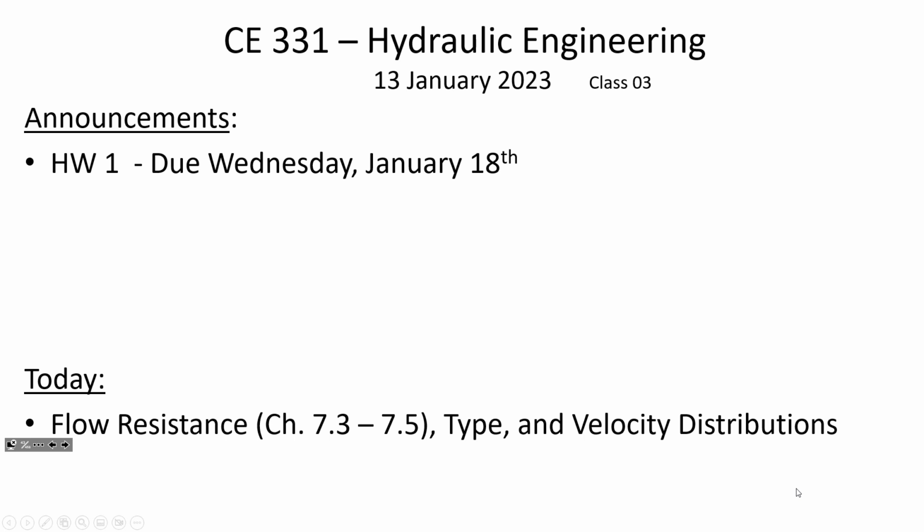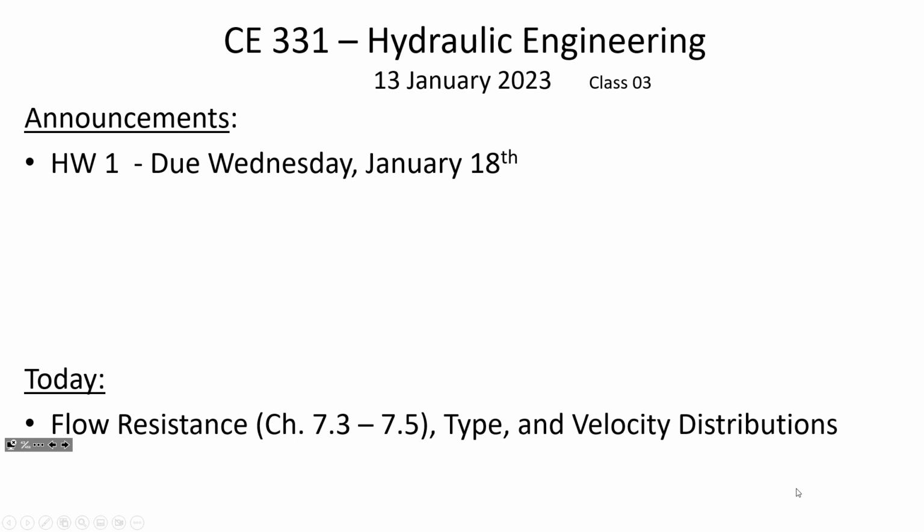The continuity equation, which I'm sure you learned last semester, is that flow rate is velocity times area. So there's one of the problems where the units are traditional units, and I believe that in that problem you're given the flow rate in cubic feet per second and the channel geometry from which you can calculate the cross-sectional area.